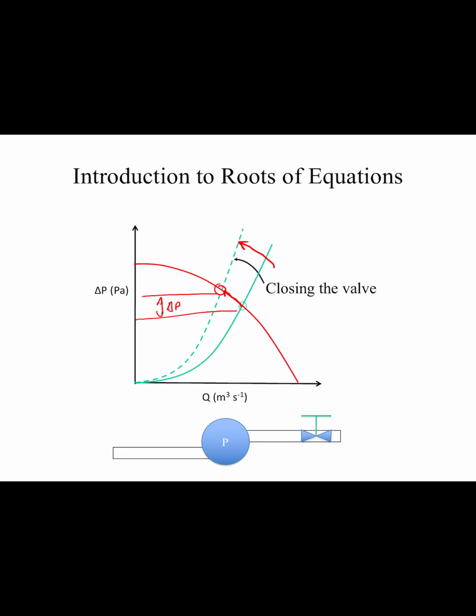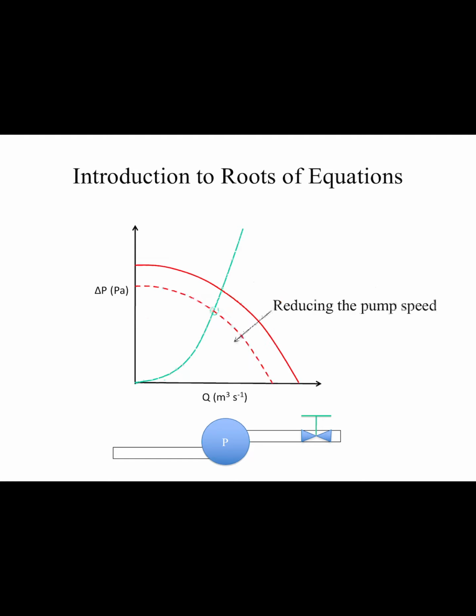The other thing I can do to adjust where I operate is buy another pump that is variable speed. In this case, I've got the same original system curve, but now I have a variable speed pump. If I reduce the pump speed, I can move it down here. So instead of operating here, I can now operate here. I can continuously decrease or increase the speed, or close or open the valve.